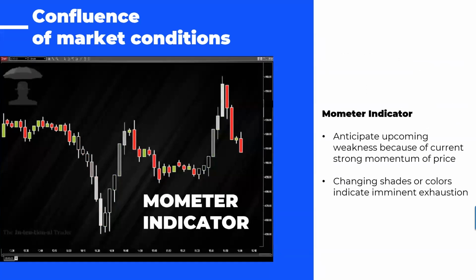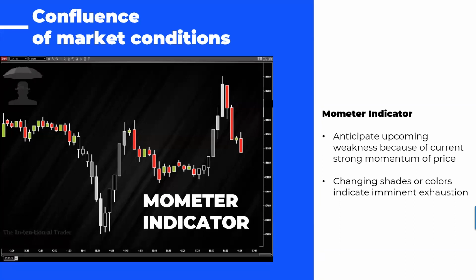So as I mentioned, we measure strength to anticipate upcoming weakness. Every time you see a strong move in the market, there are three things that are going to happen. Either people start getting stopped out, people start bailing out because price is going against them and they freak out, or they start taking profits.